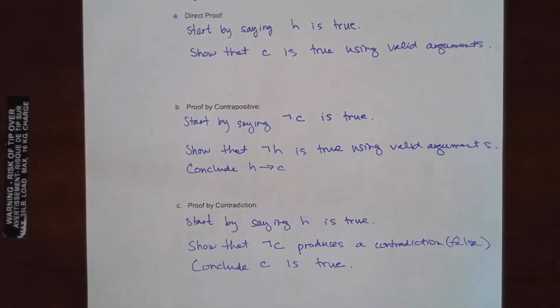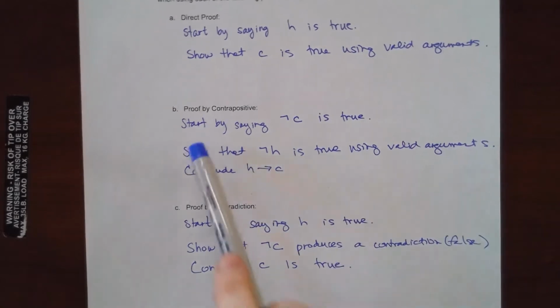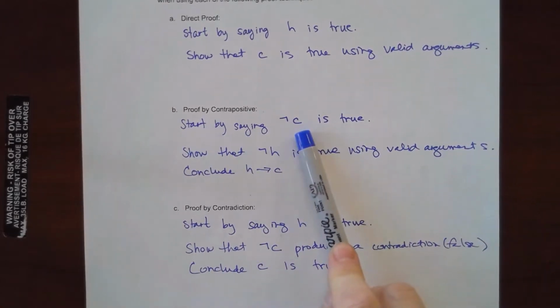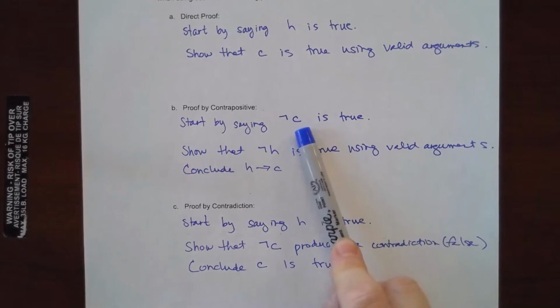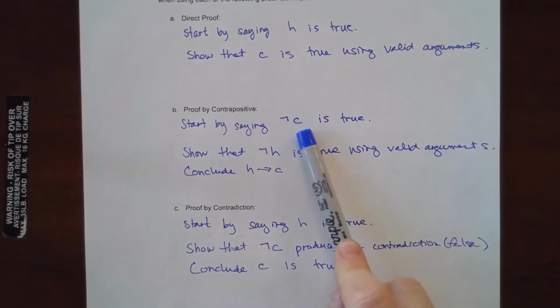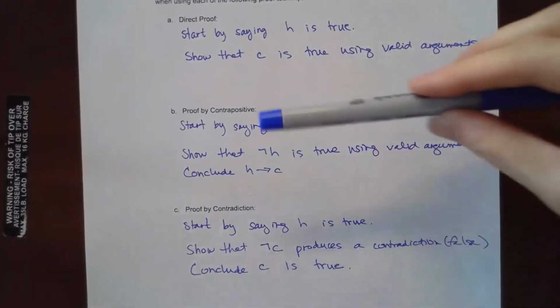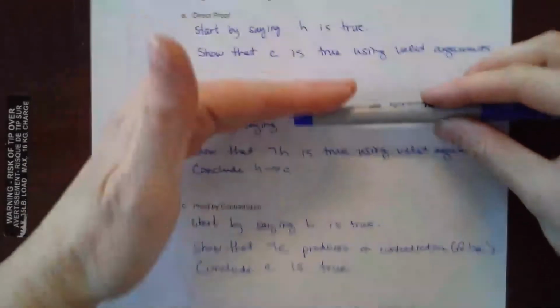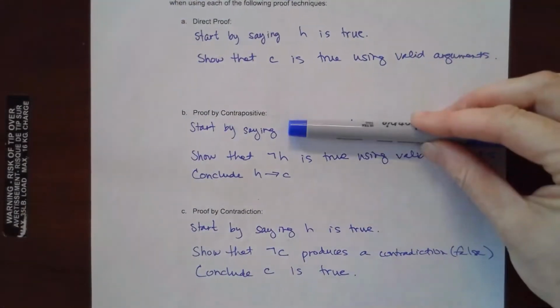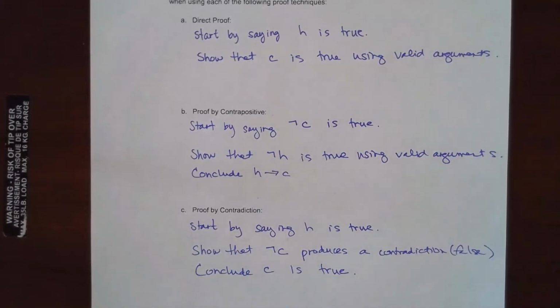Because if all you wrote was just not H implies not C, it's hard for me to tell whether you know that you need to say that not C is true. So it's really important that you state that that is true, because that's part of the proof. That's your starting point, and everything falls after that. Because this is true, then all these other things fall in place.